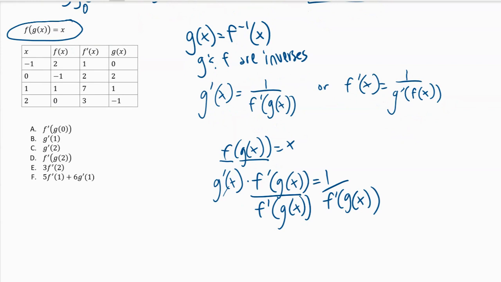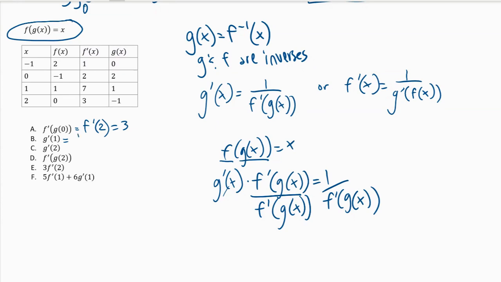All right, now we don't necessarily need to use them for each of these problems. So for this first one, it's f prime of g of 0. That's f prime of g of 0 is 2. All right, what's f prime of 2? 3. For B, g prime of 1. Okay, so I don't have a thing for g prime.